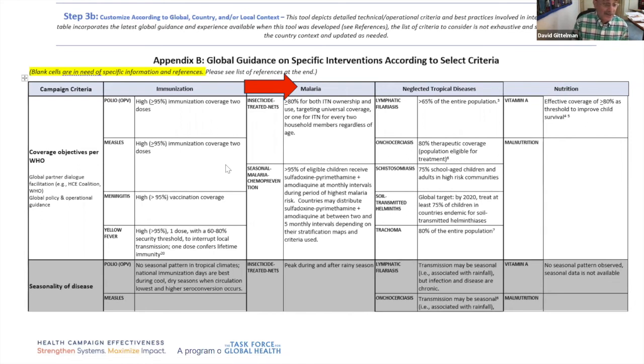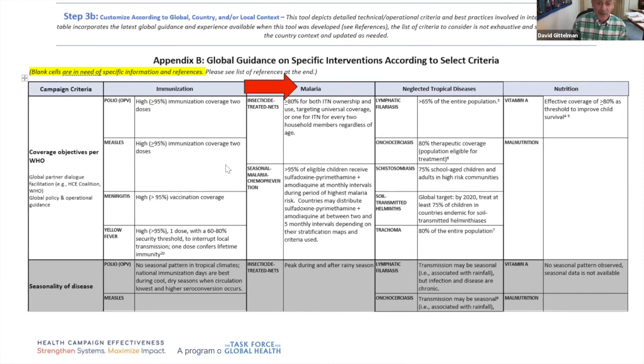So here we give on this page an example across health interventions of a campaign coverage objectives per WHO, and then the seasonality of the disease, what we understand from various sources of on the disease in various contexts. So you can see for malaria, we have the WHO guidance for coverage of ownership and use.